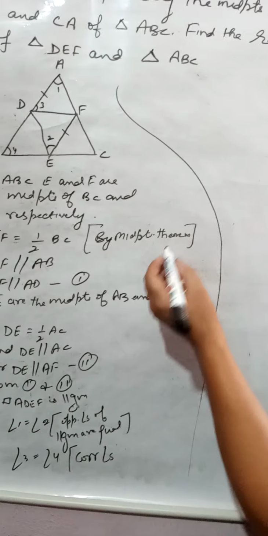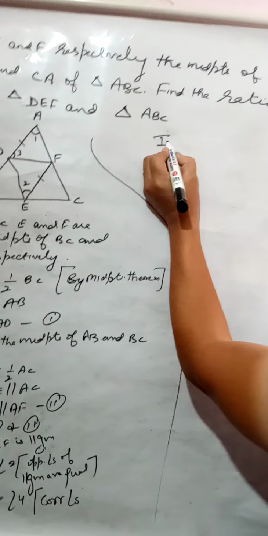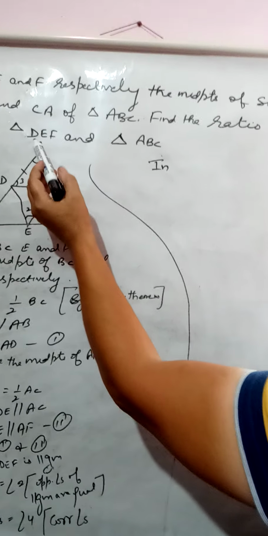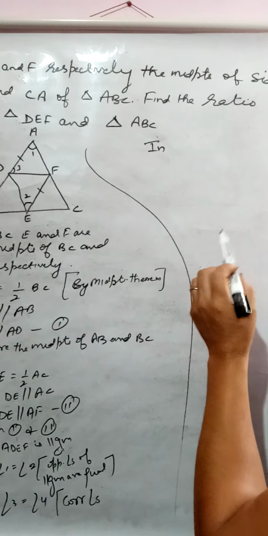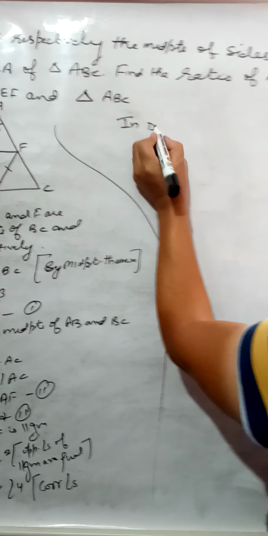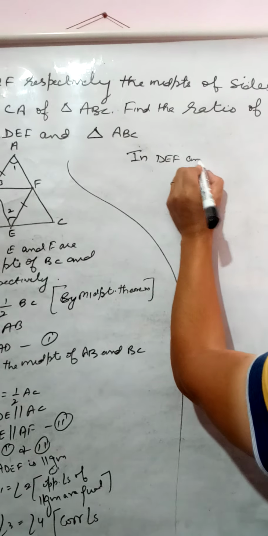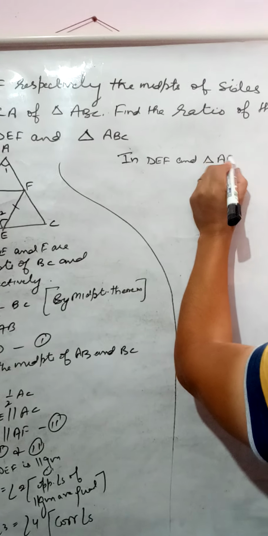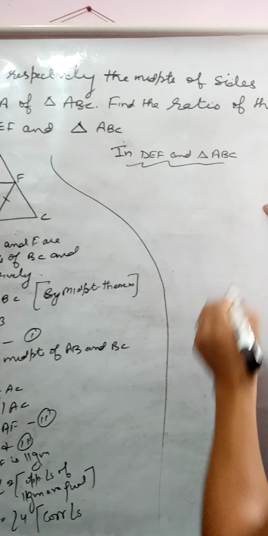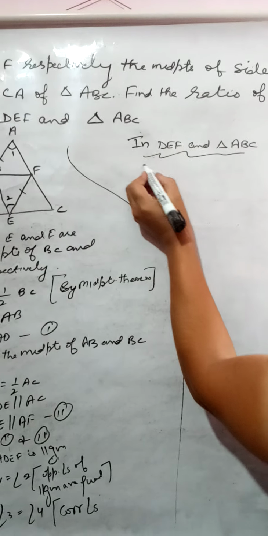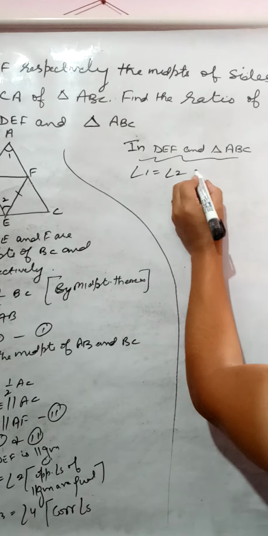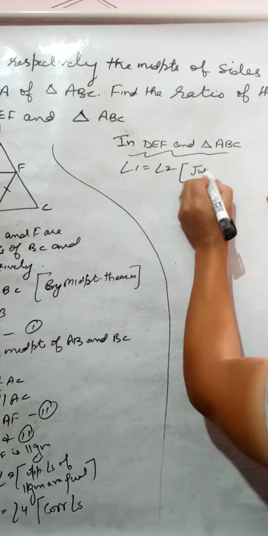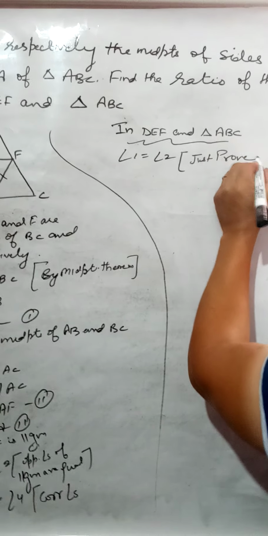Now we need to show the ratio of the area of triangle DEF to triangle ABC. By taking triangle DEF and triangle ABC, both triangles are similar. What is the condition? Angle 1 equals angle 2, just proved. And angle 3 equals angle 4, already proved.